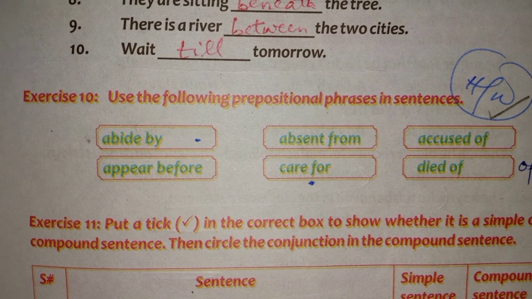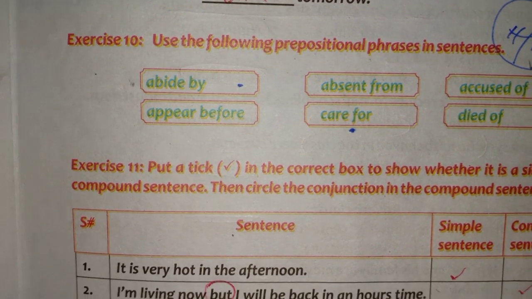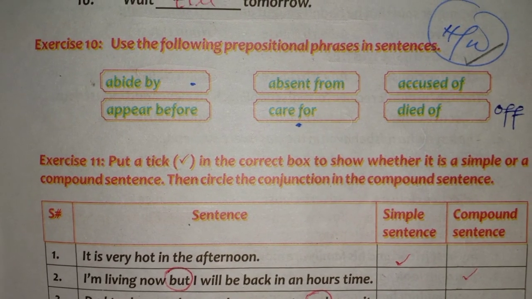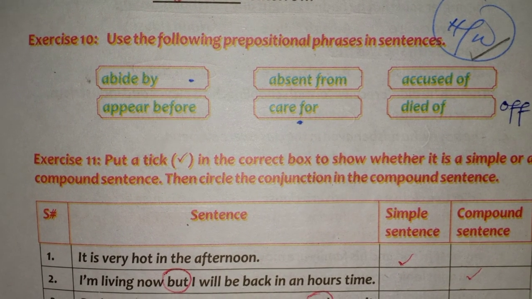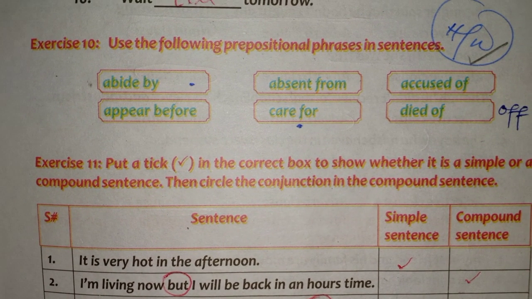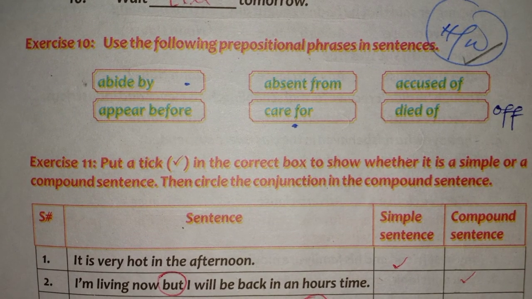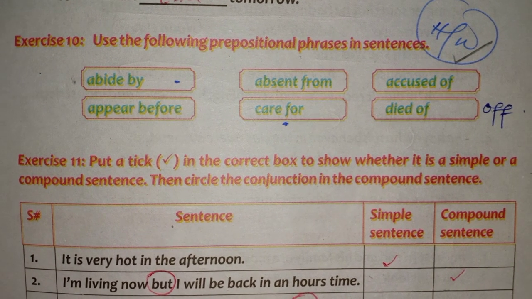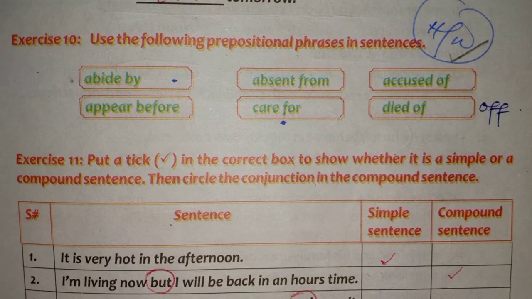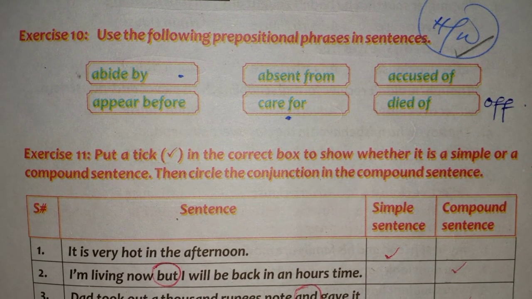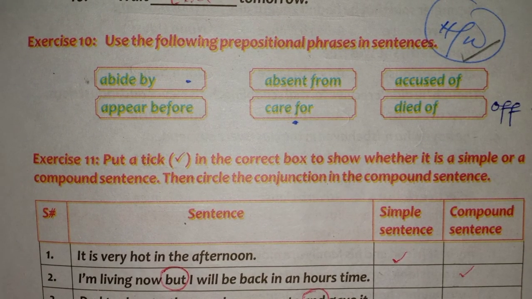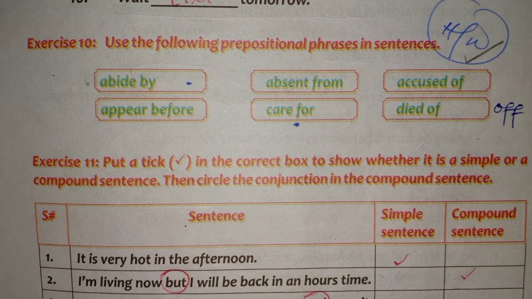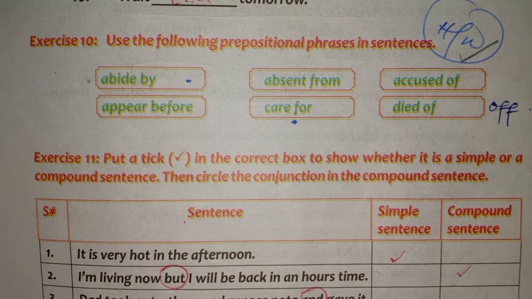Clear? Then come towards exercise 11. Put a tick in the correct box to show whether it is a simple or compound sentence. Then circle the conjunction in the compound sentences.